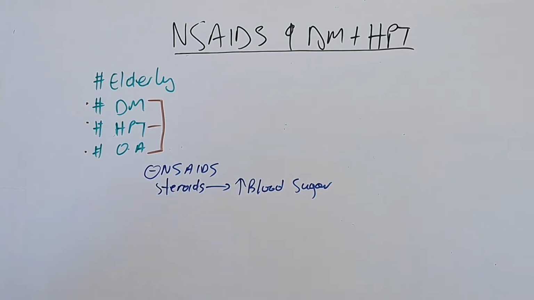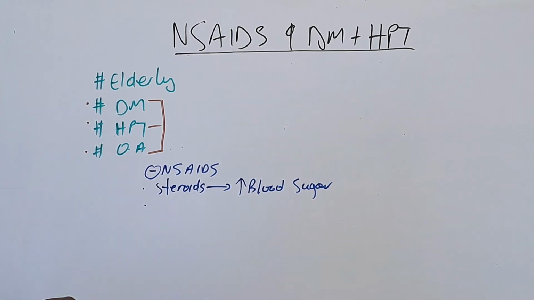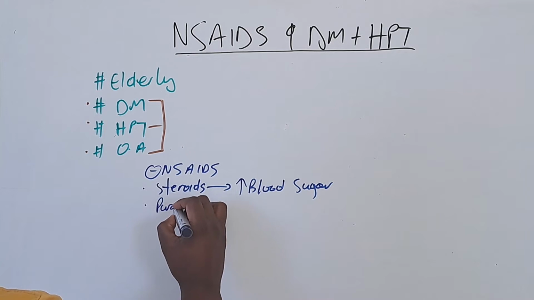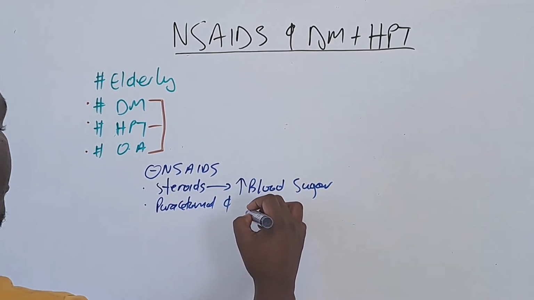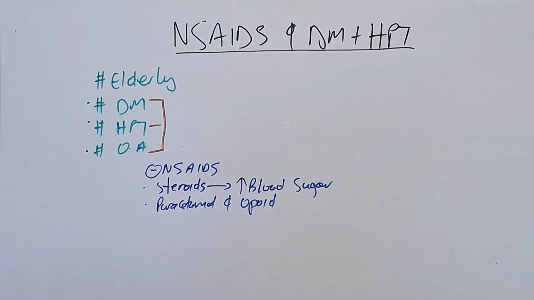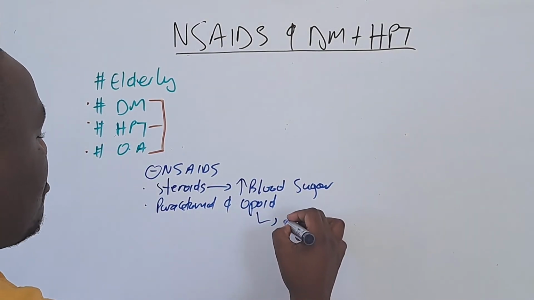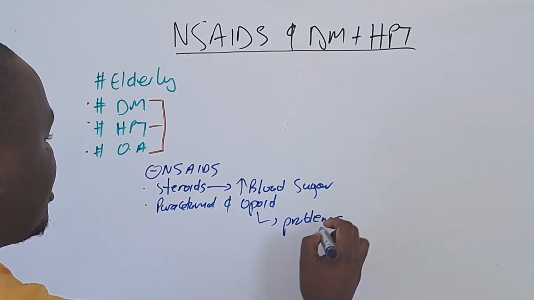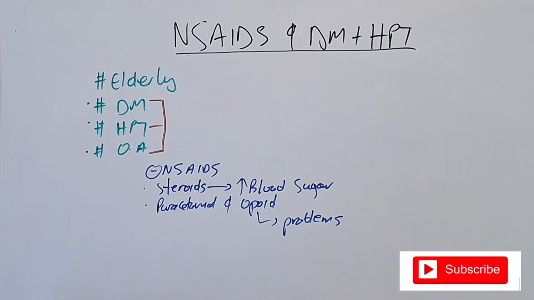At the same time, what we often do is combine paracetamol with some weak opioid. But you know, opioids have got their own problems. There's addiction, there's constipation, and the list goes on.